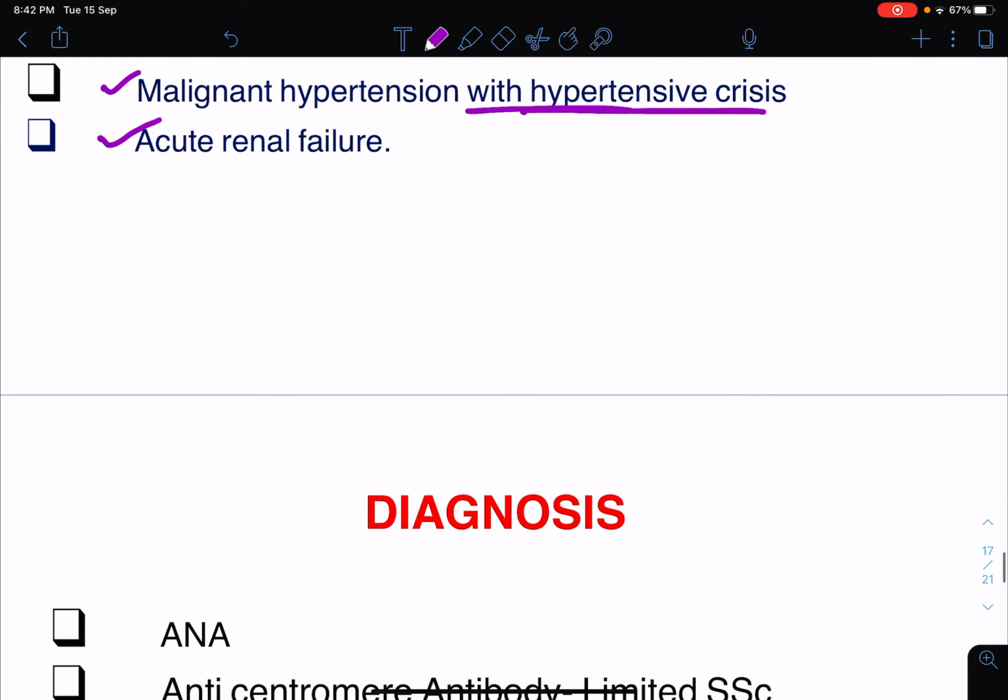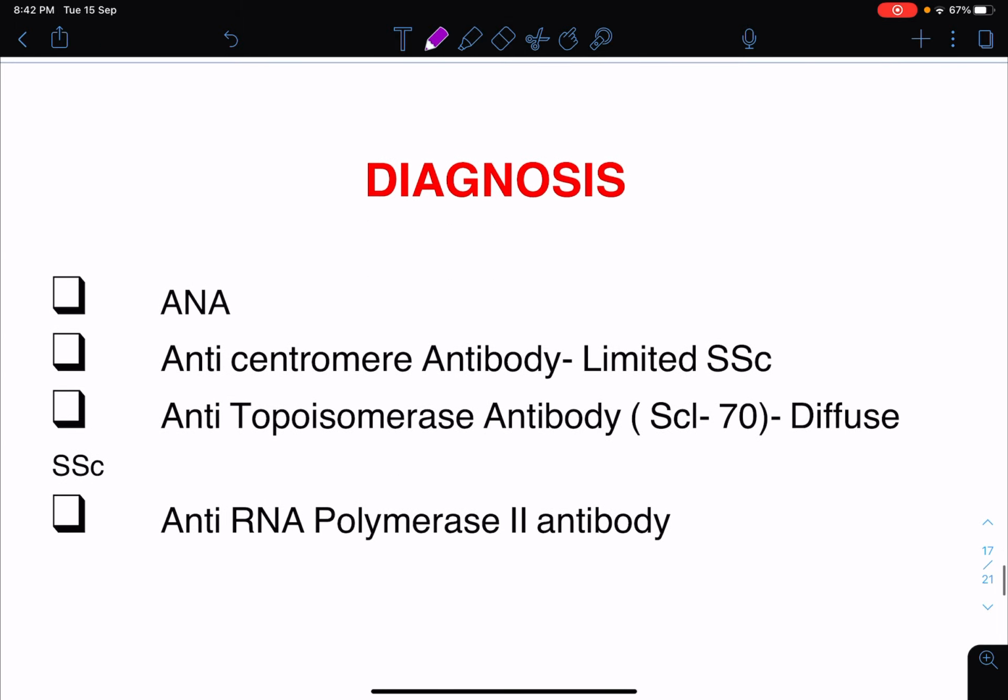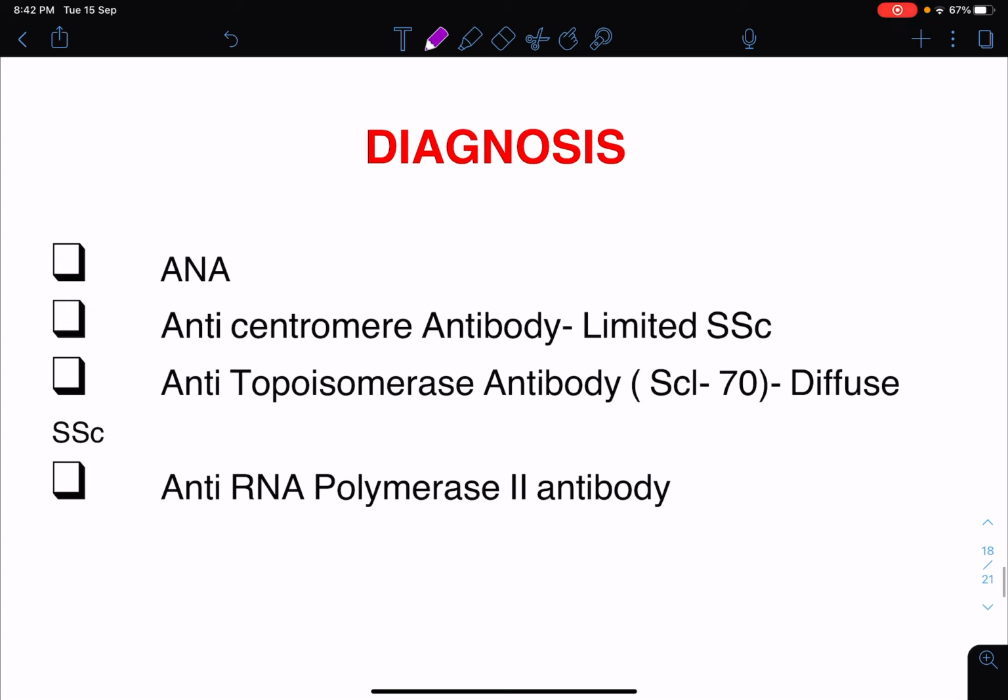Now, how do we diagnose a case of systemic sclerosis? The major part of the diagnosis is made through examination of the patient's symptoms and the signs. On clinical examination, whatever signs we're getting, these are enough to make a diagnosis of systemic sclerosis, though we will need help of certain serological markers.